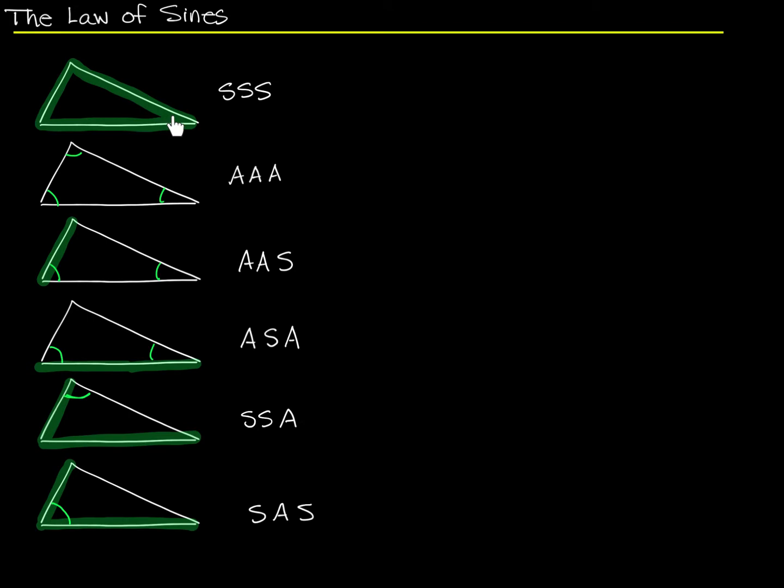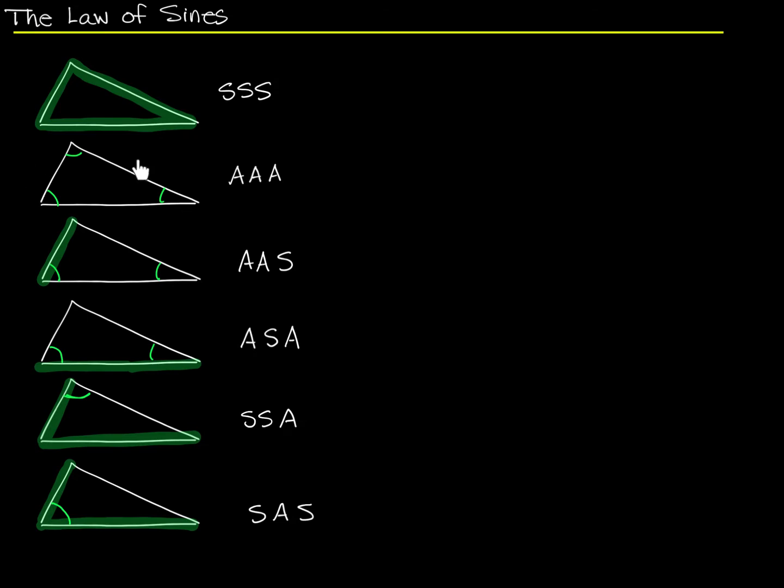If these two side lengths are fixed, then the third side length must be fixed as well. There's only one size of triangle that has these three side lengths. Also, you could flip the triangle or rotate it, but the side lengths don't change. In other words, we would say that this is a unique triangle. There's no other way you could combine these three side lengths and make a different size of triangle.